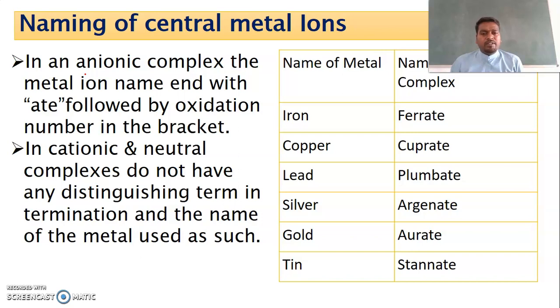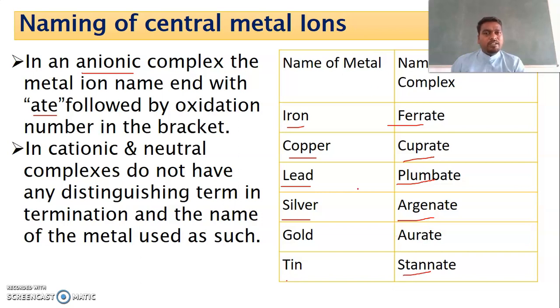For example, iron is used as iron, lead, silver, like that. But in the case of an anionic complex, the name of the metal ion ends with -ate. For example, iron is ferrate, copper cuprate, lead plumbate, silver argentate, tin stannate.